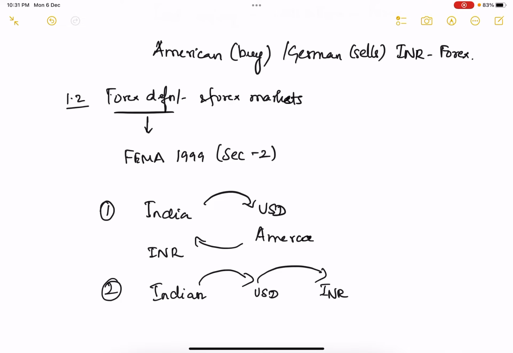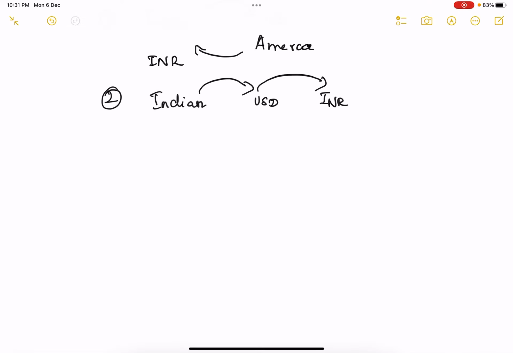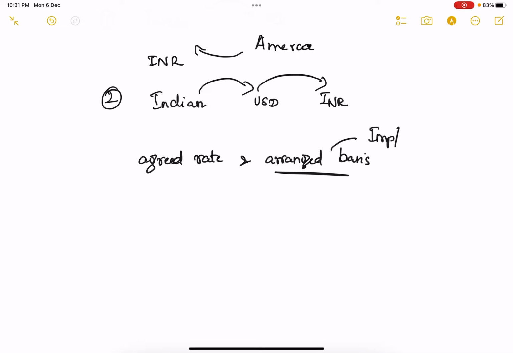And the main thing is foreign exchange happens at an agreed rate and arranged basis. This arranged basis mainly depends on the importer or the exporter, and this agreed rate is known as the exchange rate.